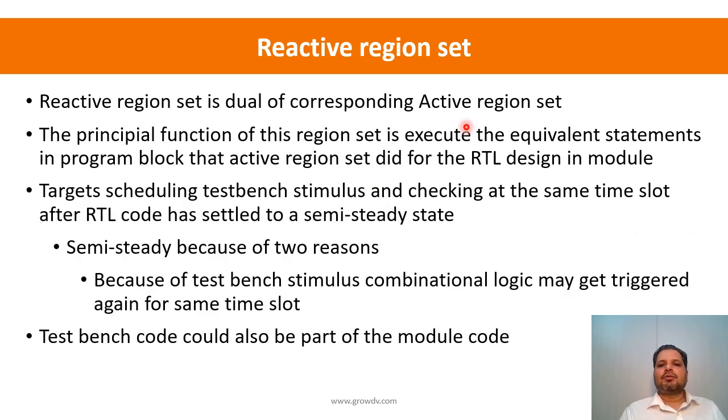And then you have the reactive region set. As we have seen, it mirrors, or is the dual of, your active region set, and its principal function is to execute the equivalent statements in the context of the program block, right? It targets the scheduling of testbench stimulus and checking in the same time slot after the RTL has settled to at least a semi-steady state.